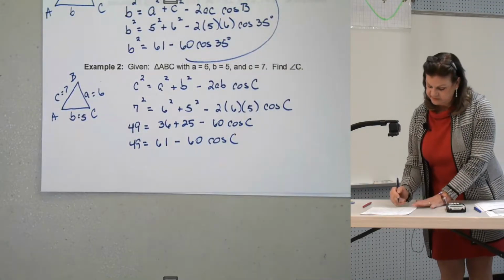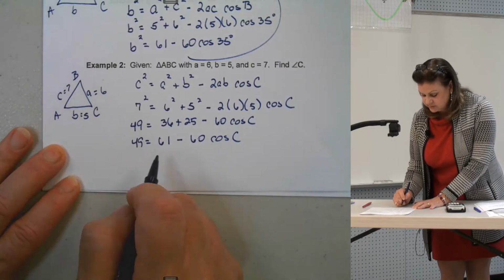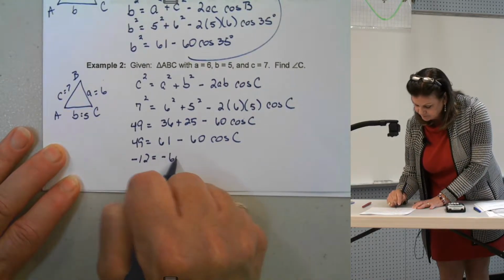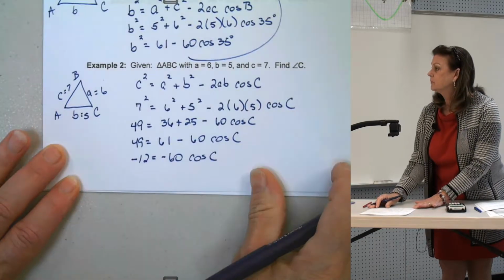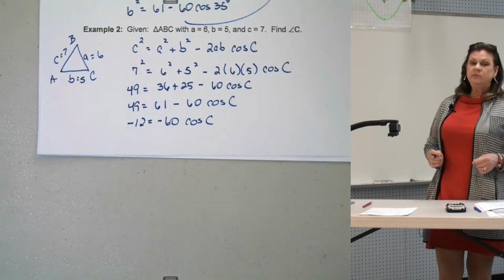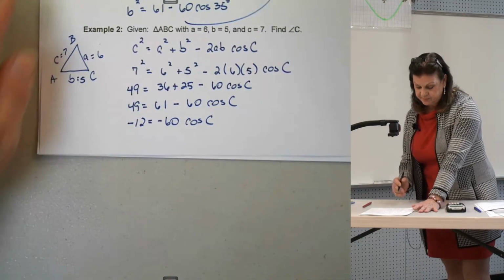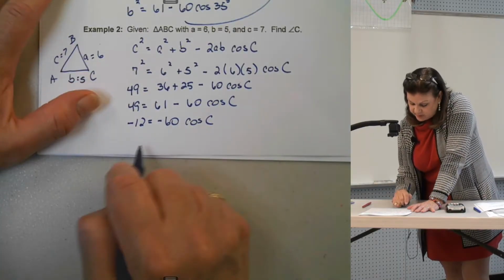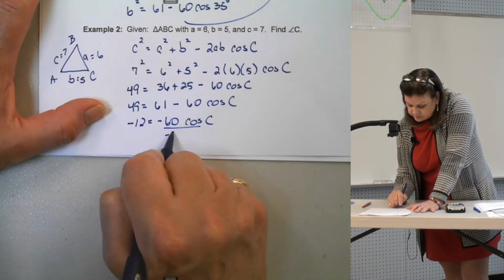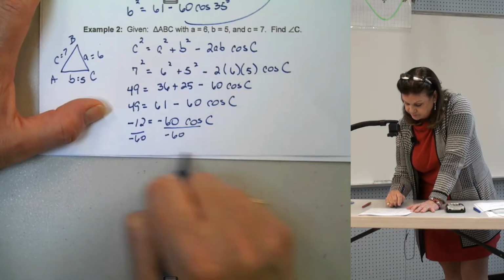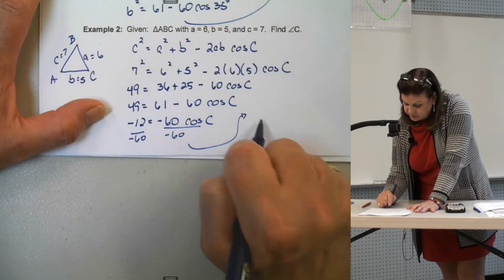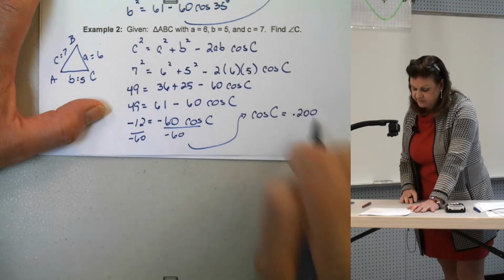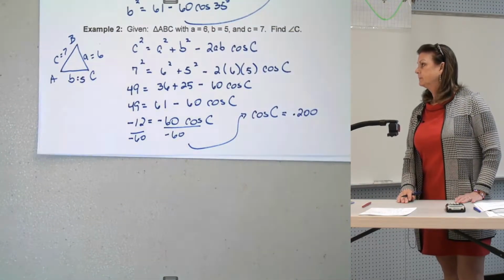You're going to move the 61 to the other side. 49 minus 61 is negative 12. And at this point, we're going to divide by 60. So I've got 12 divided by 60. I'm going to use a decimal. So the cosine of some angle is 0.2, or 12 over 60.